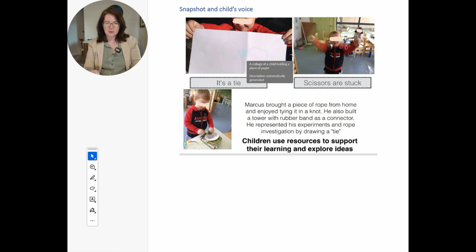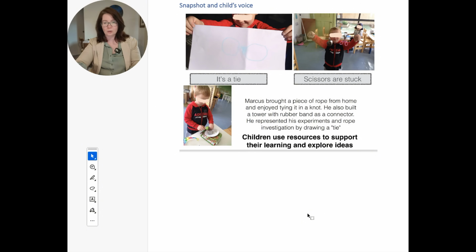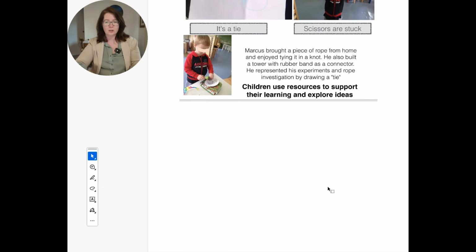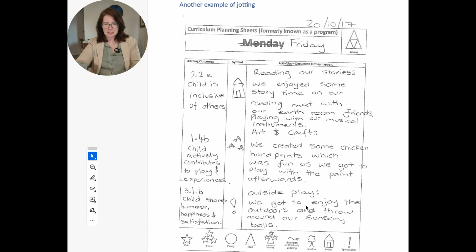I thought it would be a really great idea to ask the child to represent the ideas, and they did their own representation. So that is a snapshot. It could also be qualified as a learning story or an anecdotal record, but a very short learning story, of course.